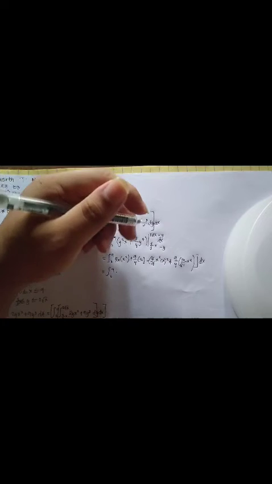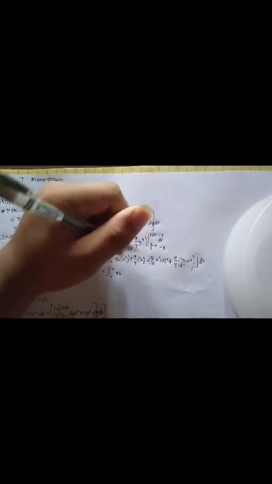So this is now the product: 36x squared plus 4x cubed minus 8/9 x to the fourth, dx.